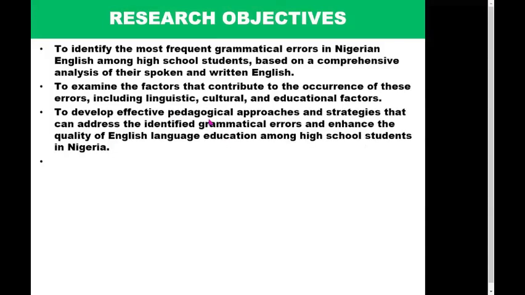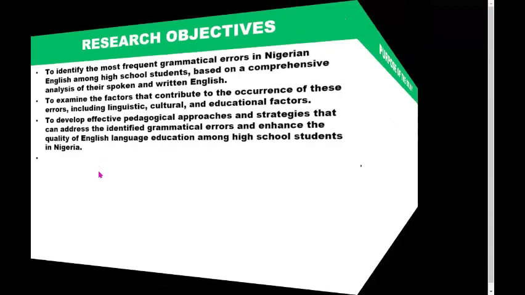To develop effective pedagogical approaches and strategies that can address the identified grammatical errors and enhance the quality of English language education among high school students in Nigeria. Now, these are the objectives.